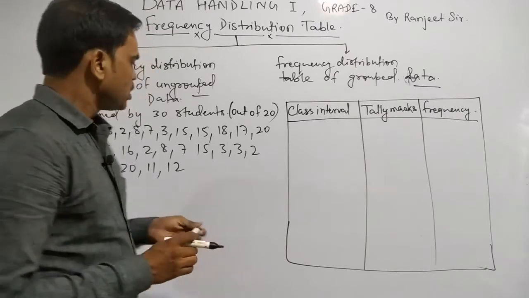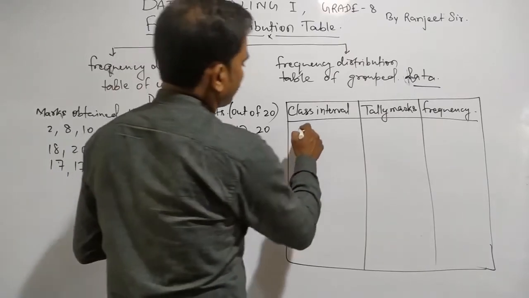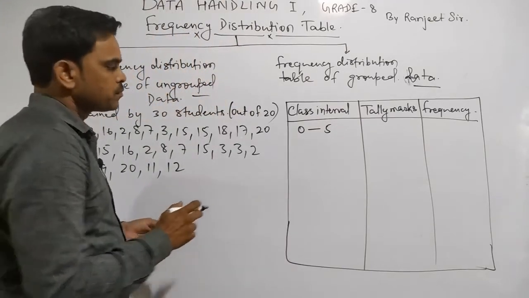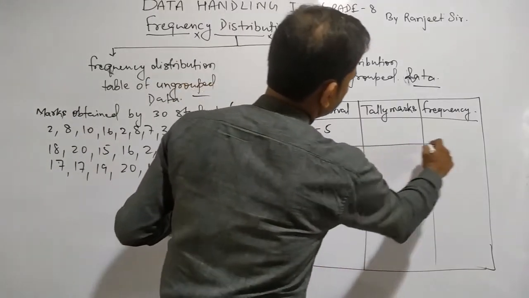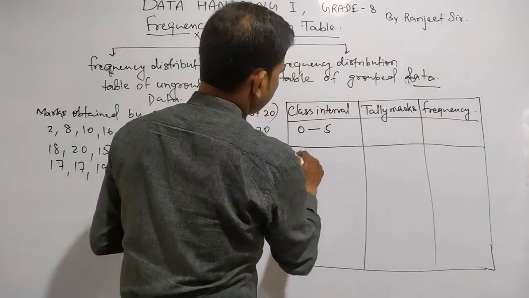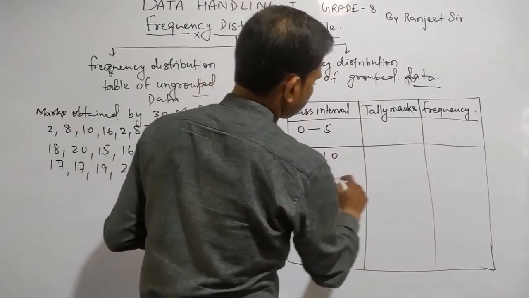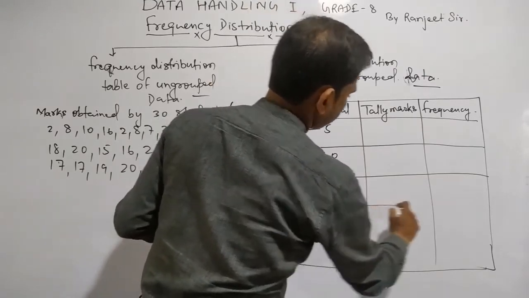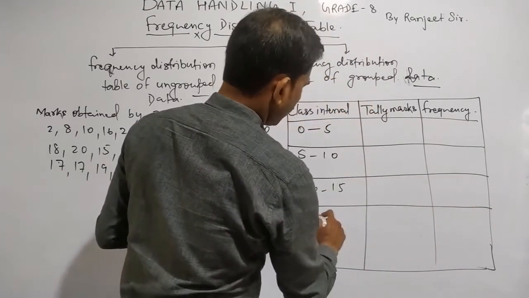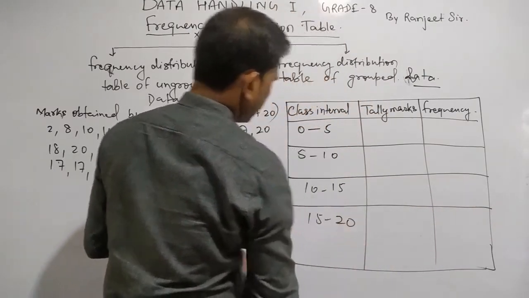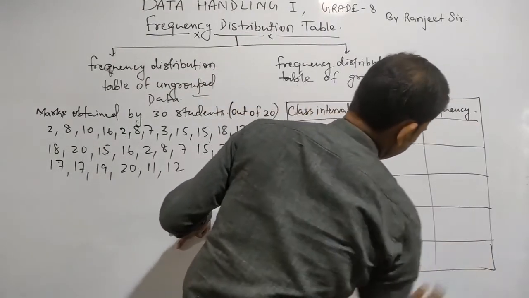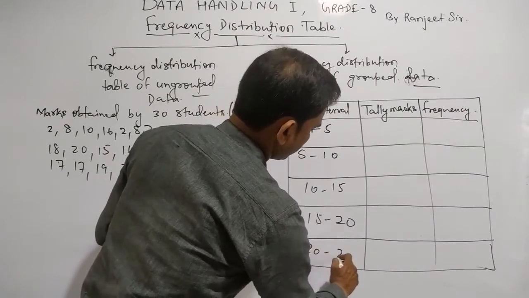I make a group of 5, so 0 to 5 is the first group. Next is 5 to 10, 10 to 15, 15 to 20, till 20, and I write one more here, 20 to 25.